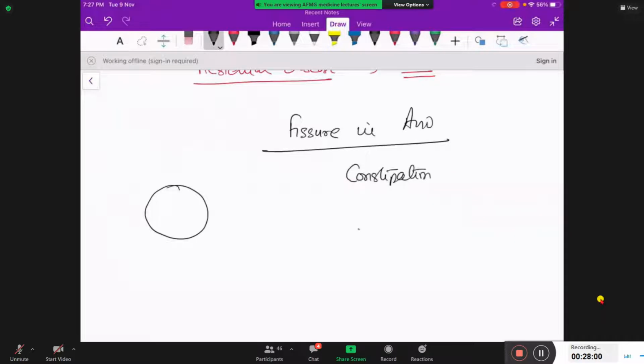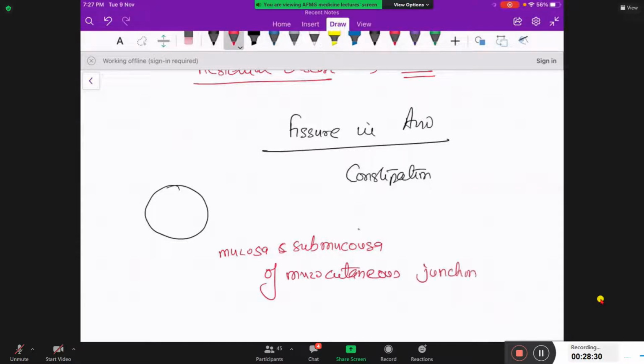So what happens because of constipation? A hard fecal matter comes out through the anal verge. When a hard fecal matter comes out through the anal verge, sometimes it erodes the mucosa and submucosa of the mucocutaneous junction of the anal verge.